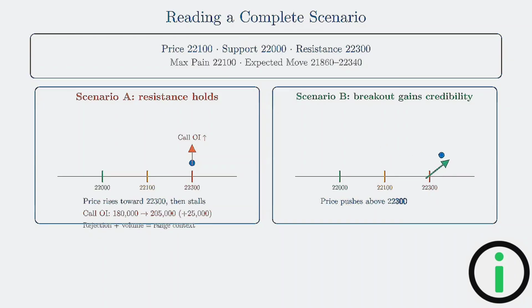In scenario 2, price pushes above 22,300, while call OI falls from 205,000 to 170,000, a decrease of 35,000. That combination is more consistent with short covering, so the breakout is more credible than a breakout with call OI still building.